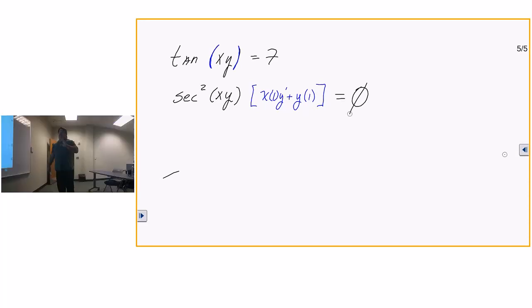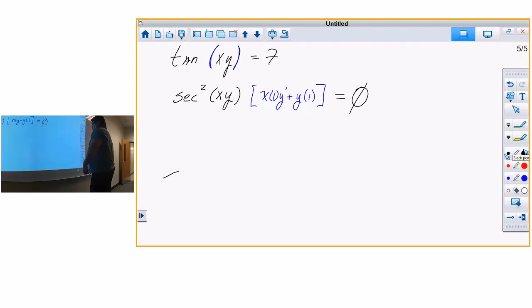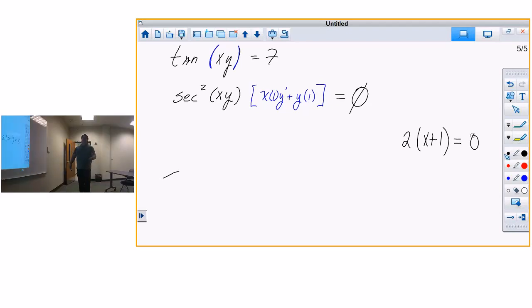Now at this point, there's 2 directions you can go. Let me show you what I mean. What if I gave you 2 times x plus 1 is equal to 0? Let's go back to our pre-algebra. What could you do? There's 2 things you could do.